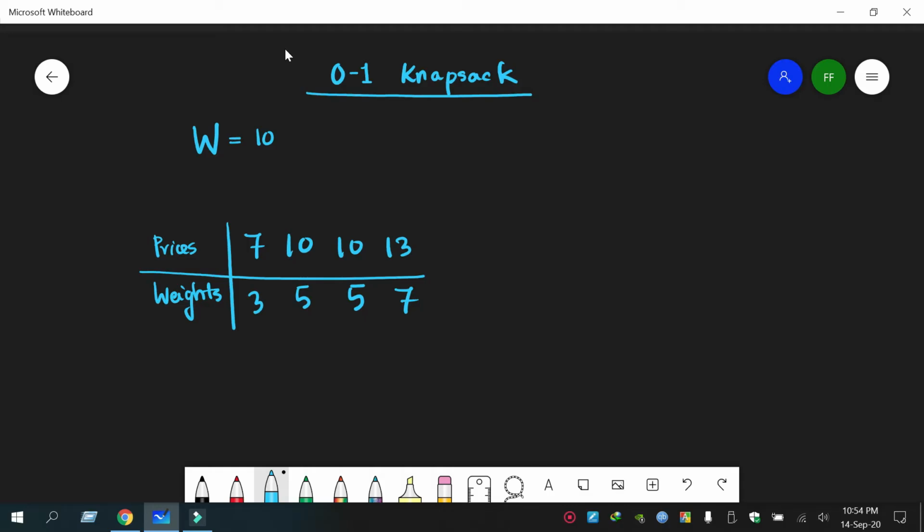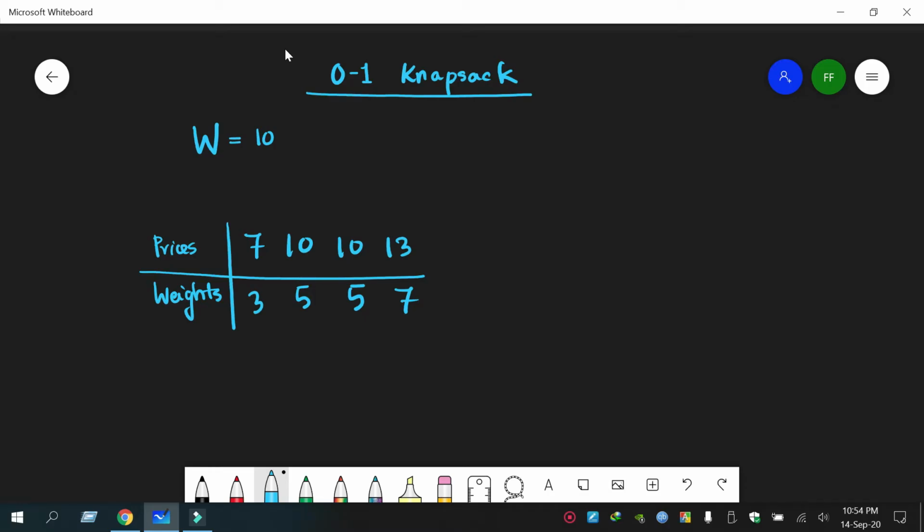Let's say the first item, you break it into half so that the weight becomes half and you take it with you. It cannot happen. And that's why the problem is called 0-1 knapsack, because either you take it fully or you don't, hence 0 or 1. And now the question becomes, what is the maximum profit you can get by stealing these objects without crossing the limit of your knapsack?